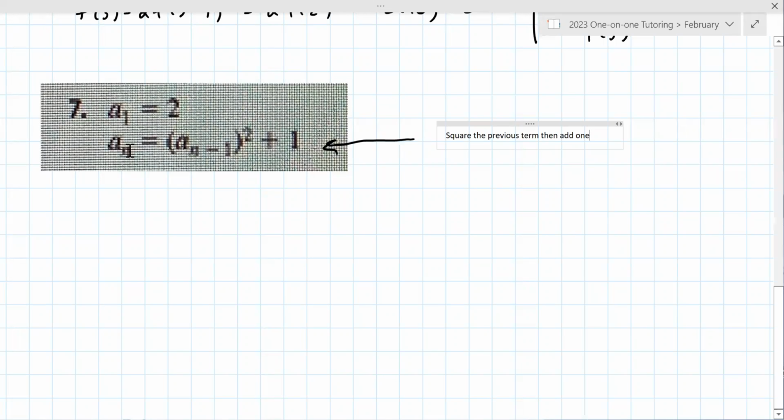Now we could use the subscripts each time, but if you're comfortable with this, and your teacher will be okay with this, you're squaring 2, which is 4, and then adding 1 to it, which is 5.